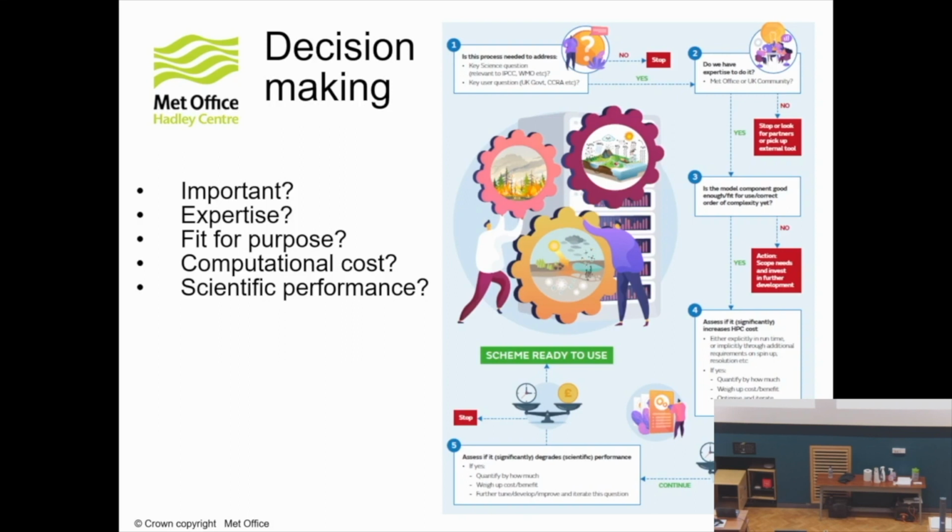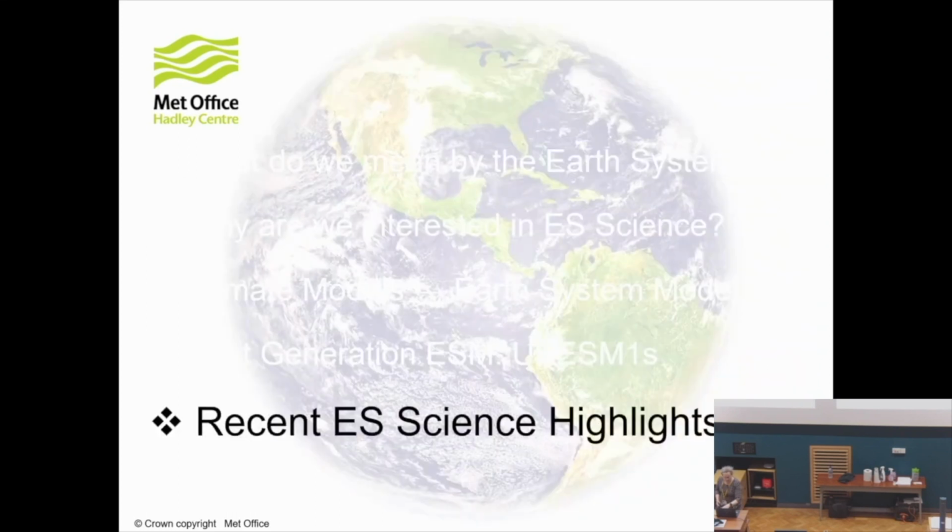What biases in other components are impacting negatively on its performance? How are biases in the component itself impacting on other aspects of the model? That's the kind of assessment we need to do when integrating new developments into the Earth system model, and these are summarised here in those five bullets. So really, it's just a logical, rational approach to deciding whether something is worth doing or not.